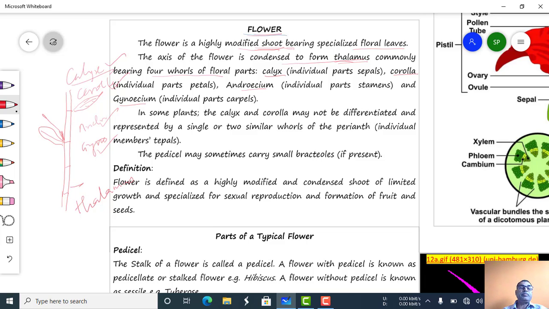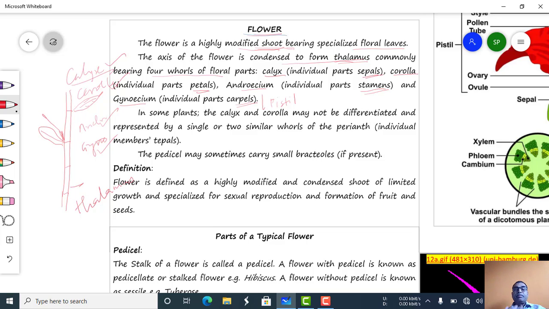If you see the individual members of the calyx, they are called sepals. The members of the corolla are called petals. The members of the androecium are called stamens, while carpels form the whole of the gynoecium. Carpel may also be denoted by pistil.